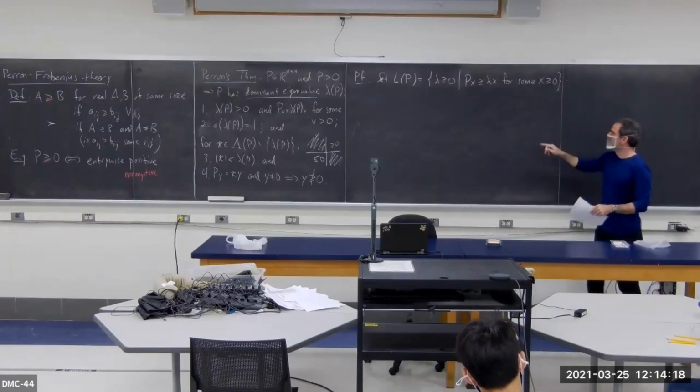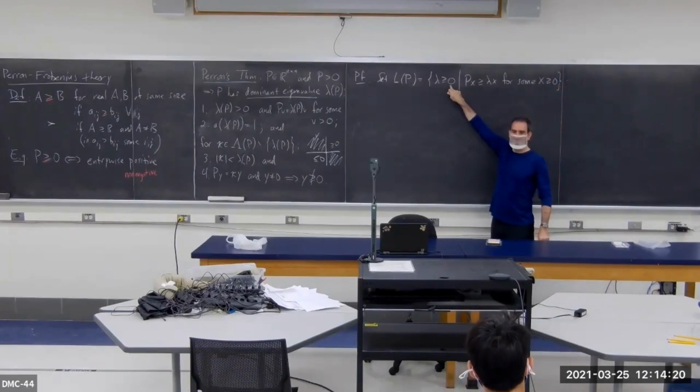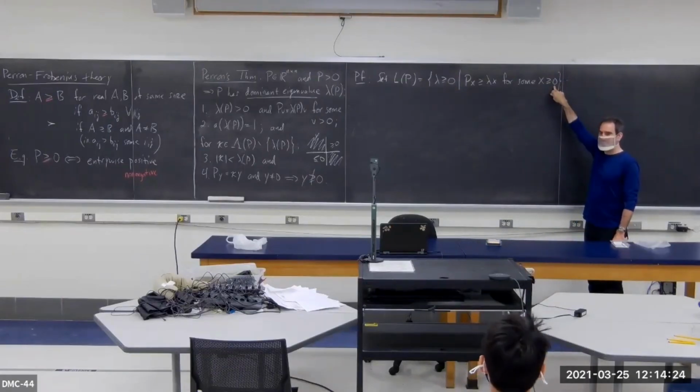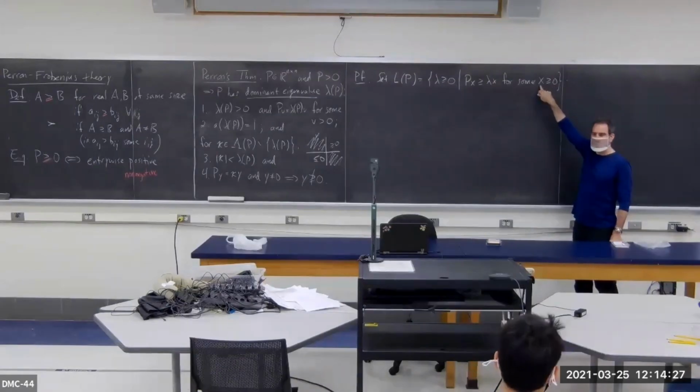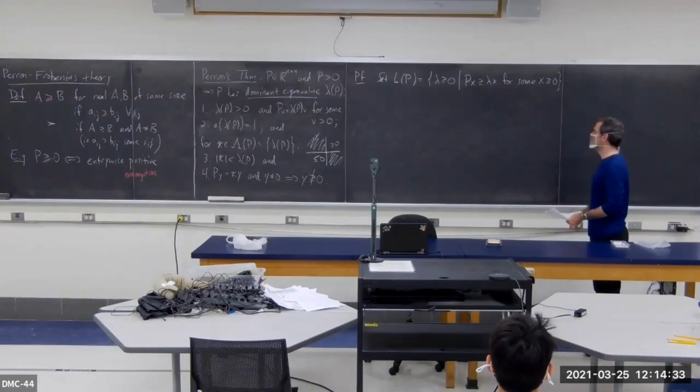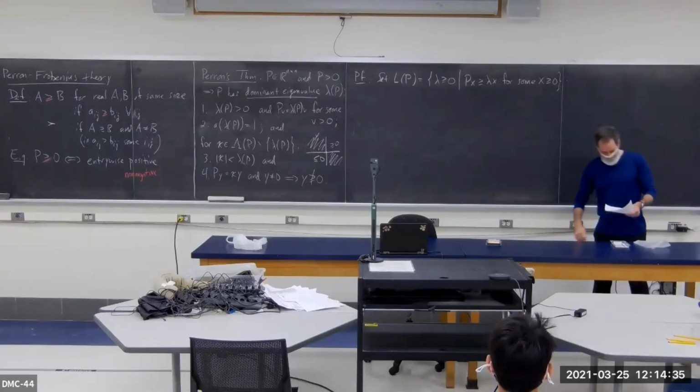Remember, this is a real number, 0. This is a vector 0. All right, so this says that we have some vector x with non-negative entries, and we are going to rescale it. We're saying that P of it is greater than or equal to lambda times it.